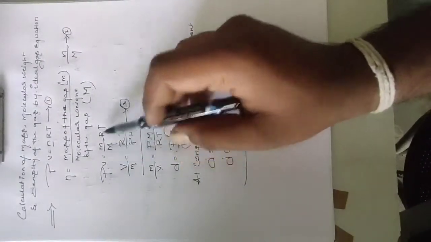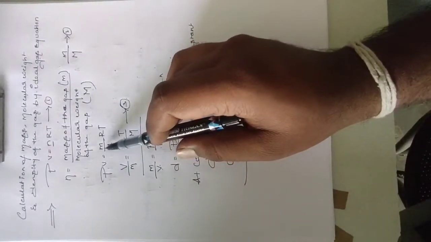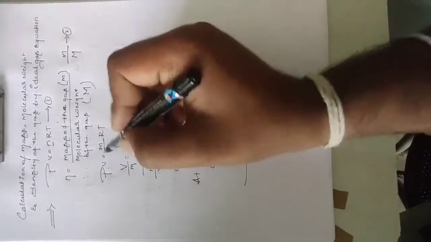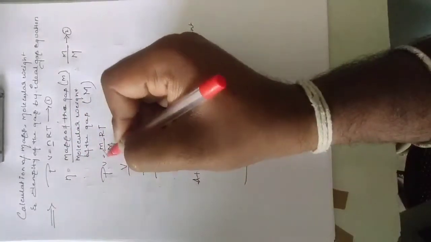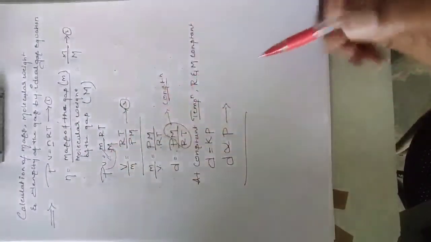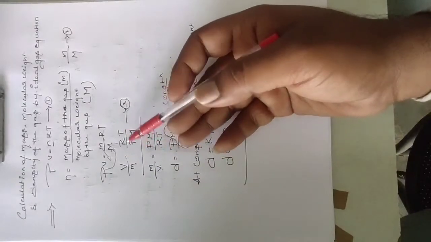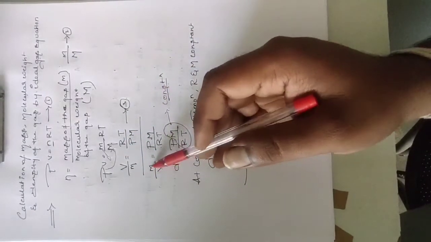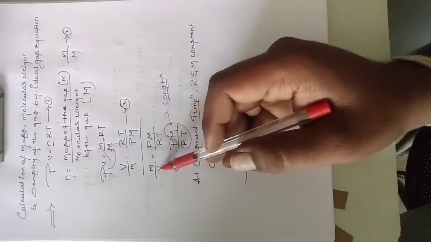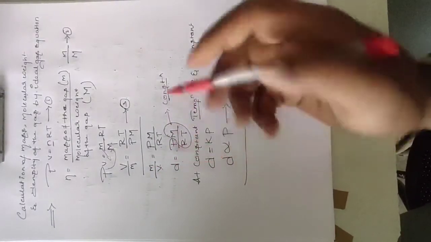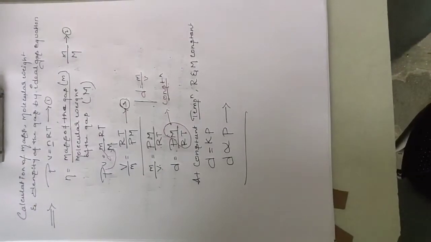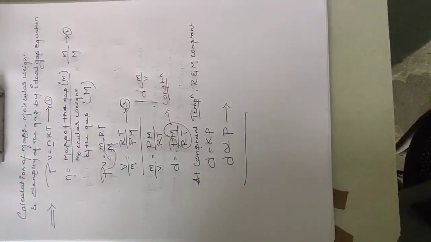If we rearrange, V by m equals RT by PM. Then we get m by V, mass by volume, which is density. I will write d equals mass by volume. From this we get that density is directly proportional to pressure.